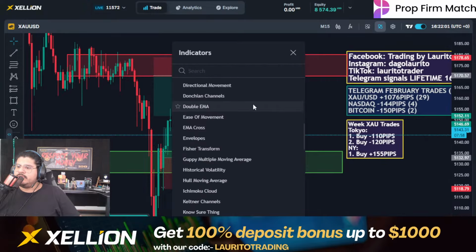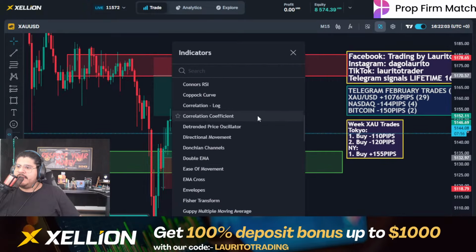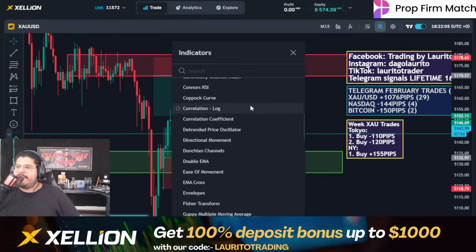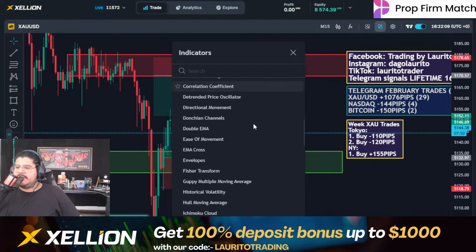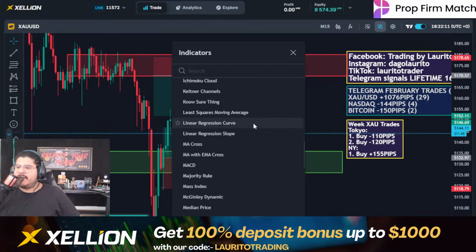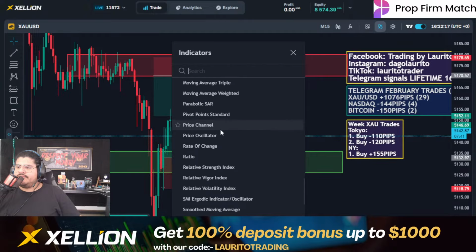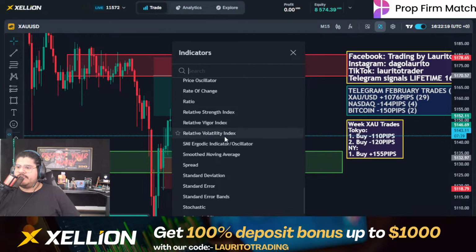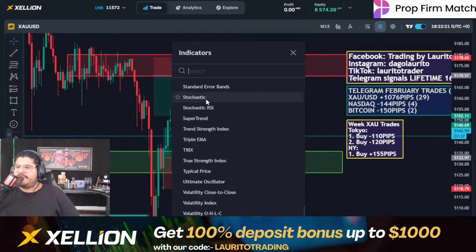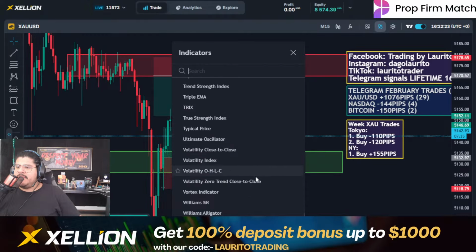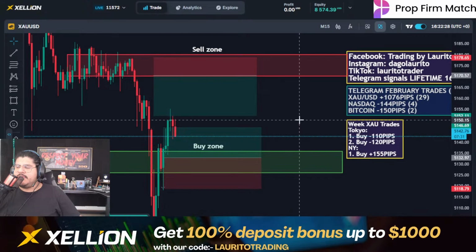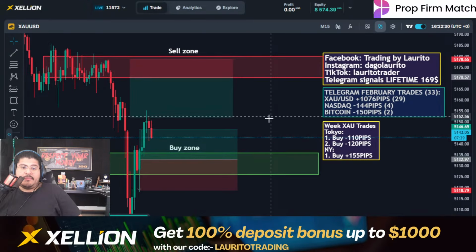So the EMA, the RSI, the correlation, the oscillator, well, many indicators of that type. So that's great if you like to use them.